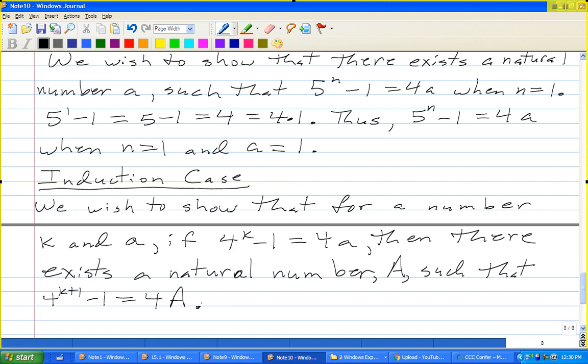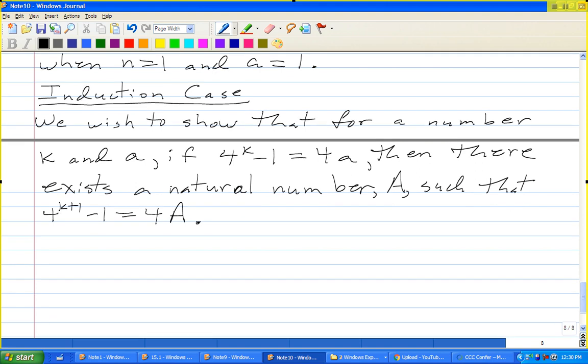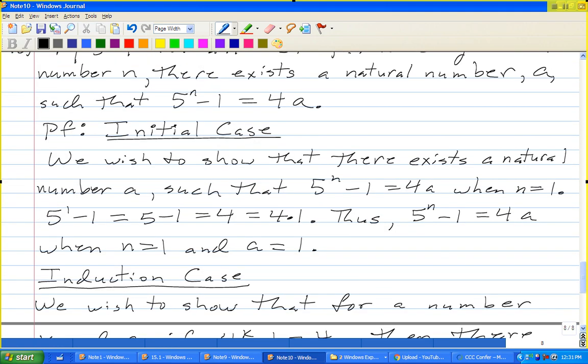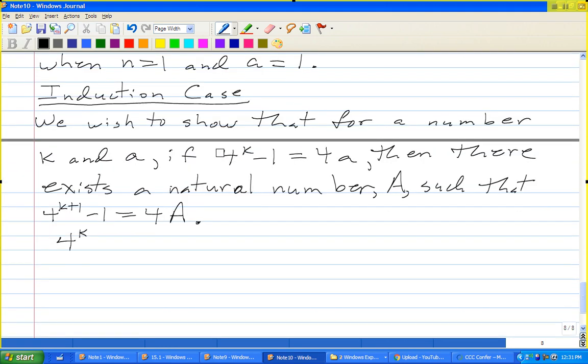Okay, so let's do this. Well, the induction hypothesis is that 5^k... Oh, why am I writing 4s? That is a typo. I said 4 to the k, didn't I, even? 5^(k+1) minus 1 is equal to 4A.